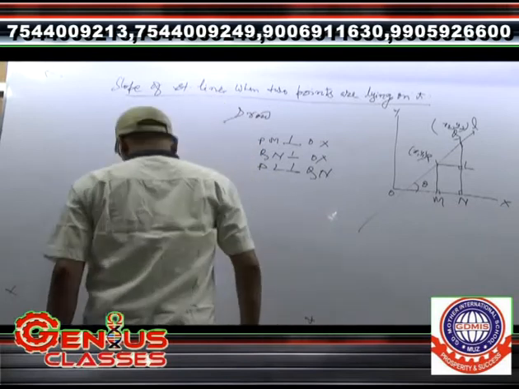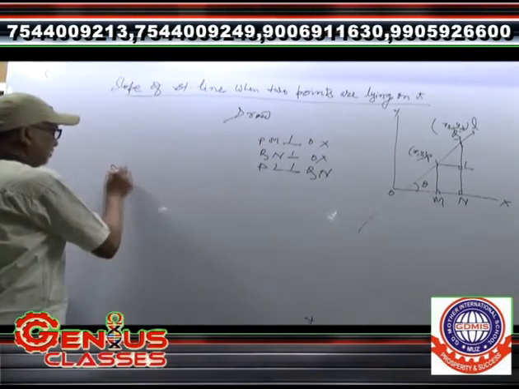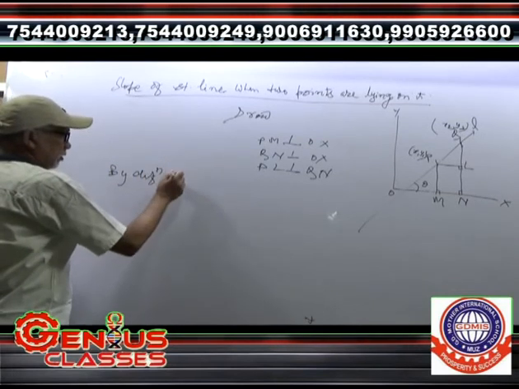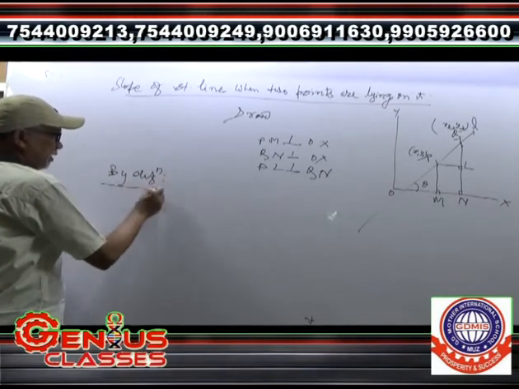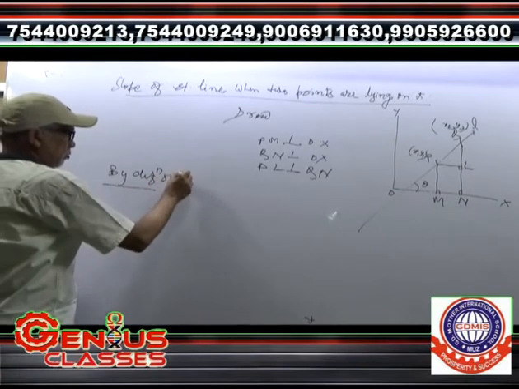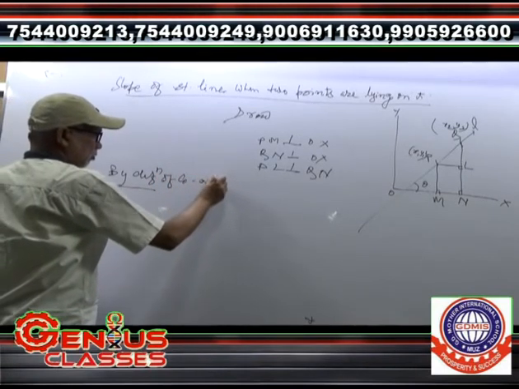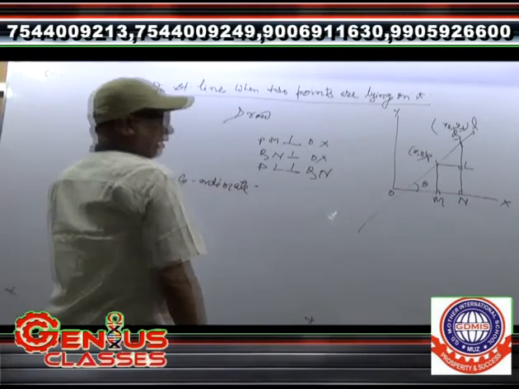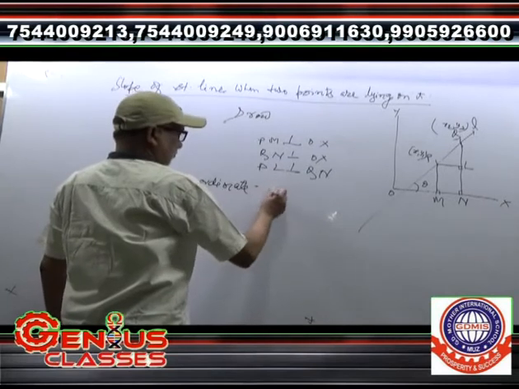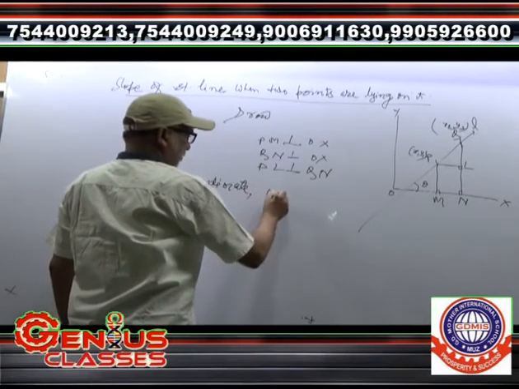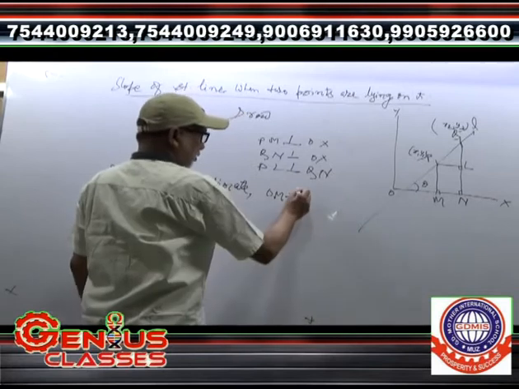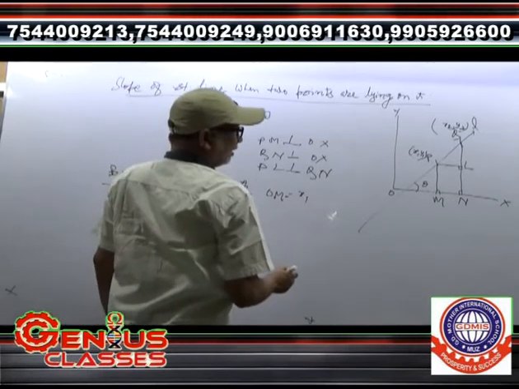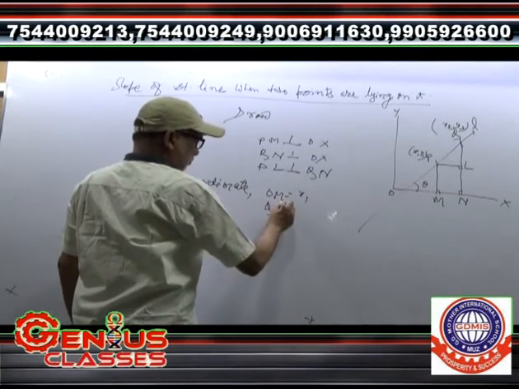Then by the definition of coordinate, OM is equal to x1 and ON is equal to x2.